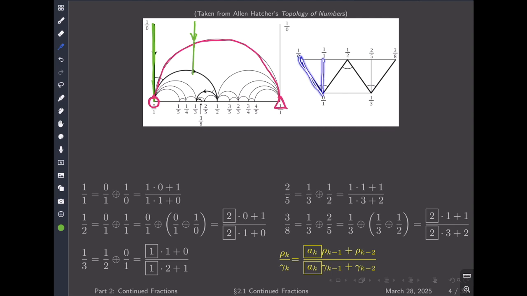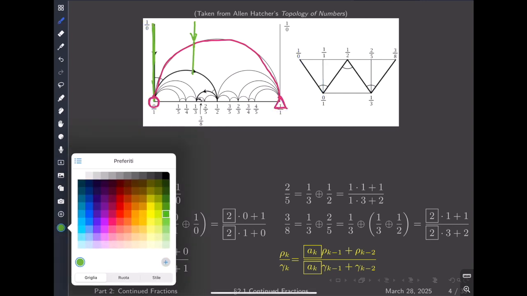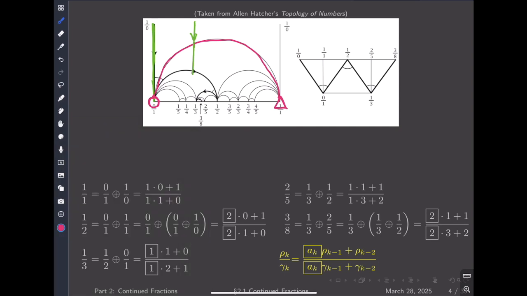Here you have these two, and then I label the other vertex, which is this one. So I label it with the naive addition. But somehow, here I already justified why this one is labeled with the naive addition.